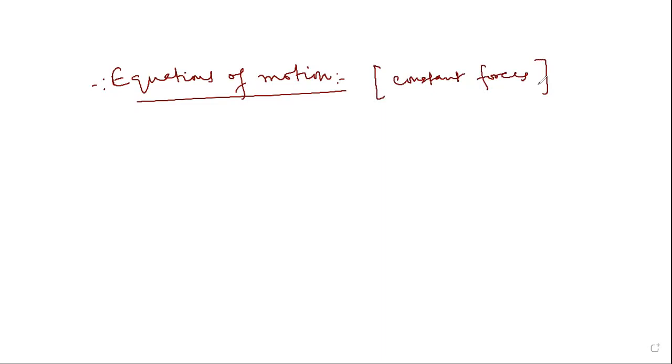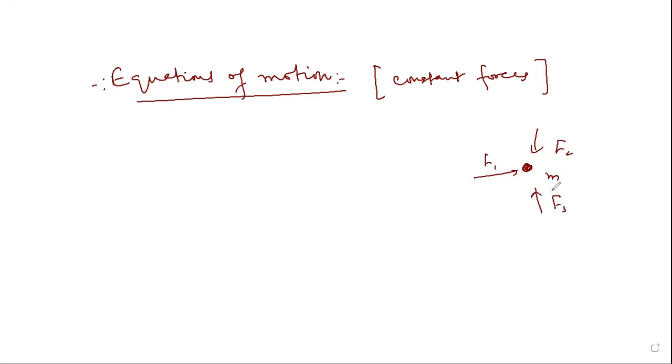So we know when we study dynamics and kinematics or mechanics overall, our ultimate goal is to describe how a particle will move when it is acted on by a set of forces, right? So there is some particle having certain mass. Now it is acted upon by different forces, F1, F2, F3, for example.